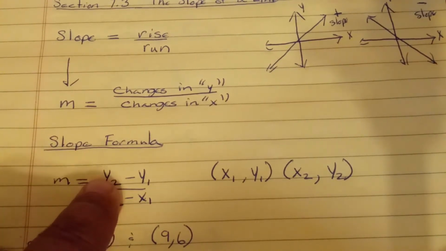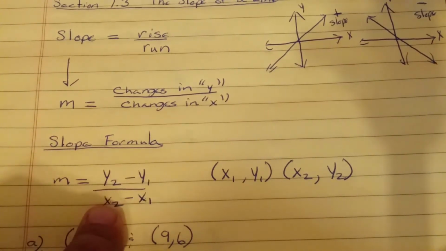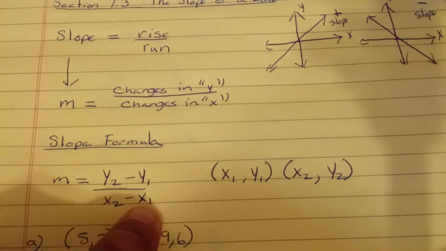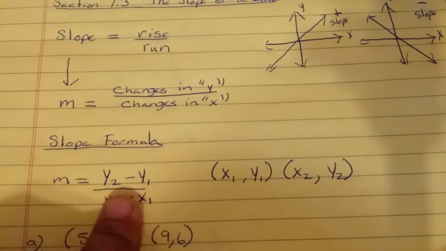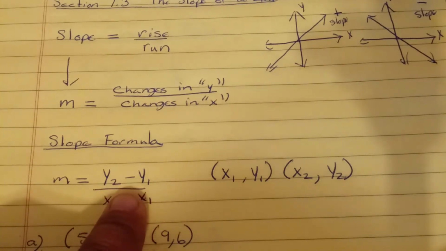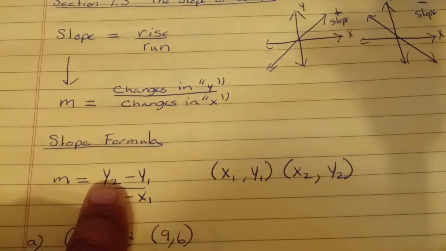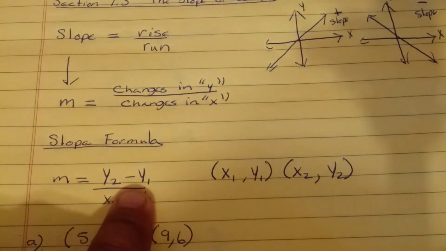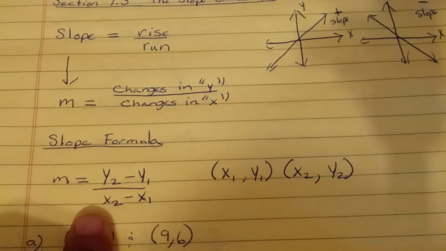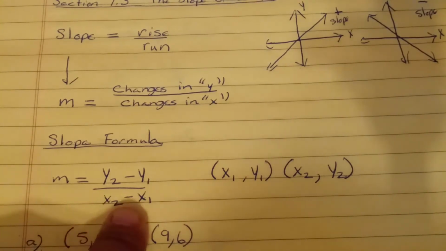So it'll be y to the second minus y to the first, over x to the second minus x to the first. Now these are subscripts. These are not exponents. What they mean is that you're getting the second y minus the first y, over the second x minus the first x.